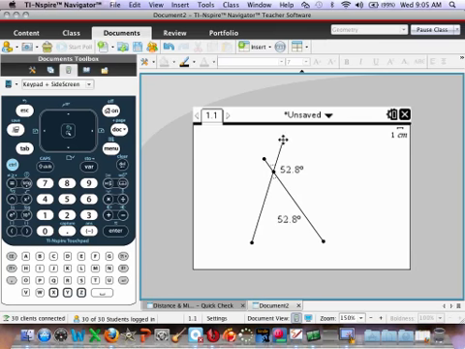They're the same. Always going to be the same. And that's true on both sides. So these two are equal and these two are equal.